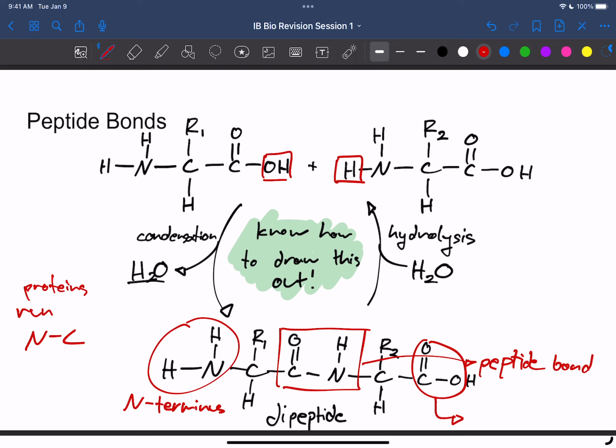Well, this is the C-terminus, or carboxy terminus, because it's terminal at another end and it's a carboxyl group, so C-terminus. And these are important because anytime proteins are made, they're going to be made in the direction of N-terminus to C-terminus. It's going to start with the N group, and then it's going to keep going that way, N to C. So this will be really relevant in transcription, translation, all that fun stuff.